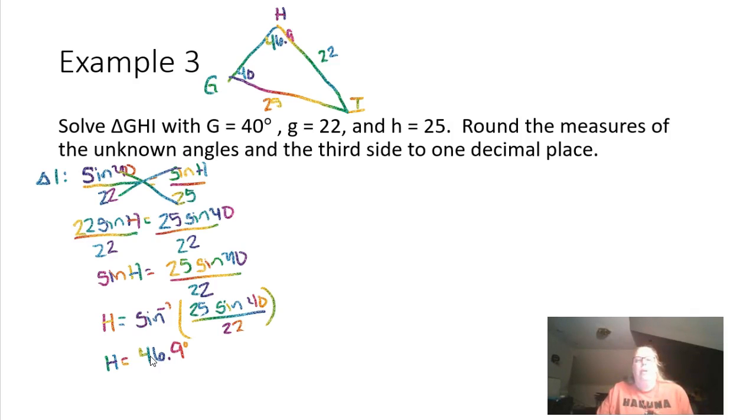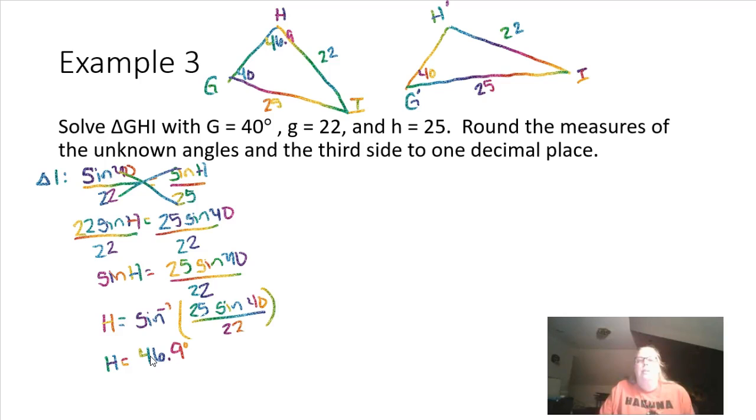If there is a second triangle, then we know that angle H up here is going to be obtuse rather than acute. Angle G is going to stay 40 degrees. Side G will stay 22, and side H will stay 25. But angle H up here, and I'm going to call these primes so we can differentiate between triangle 1 and triangle 2, this angle H up here is going to be 180 minus 46.9.